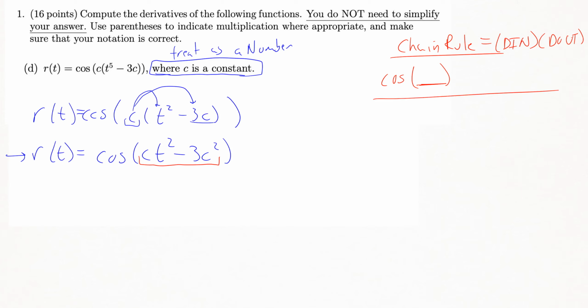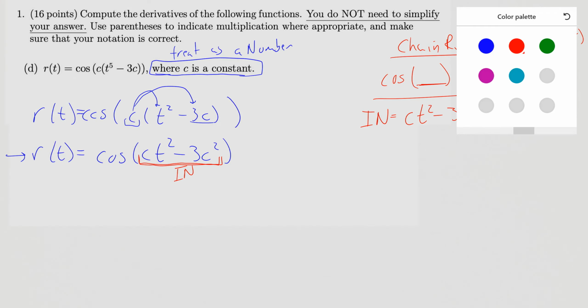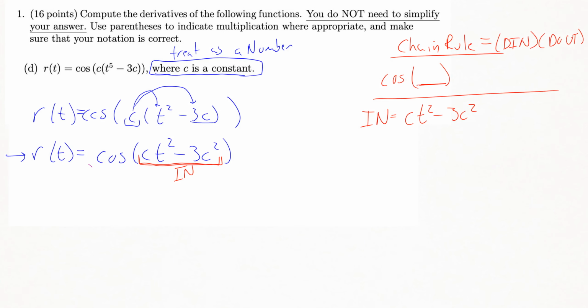The inside piece is all of that stuff inside the cosine function, the ct squared minus 3c squared. The outside piece is just the cosine of a bunch of junk, and we're going to leave that junk alone. It doesn't affect us when we're taking the derivative of the outside piece.